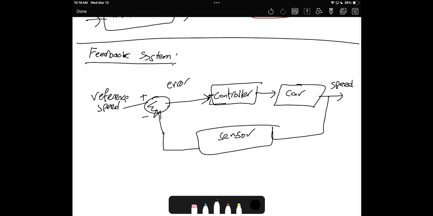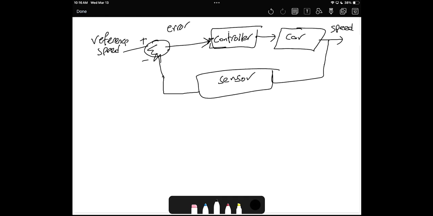For example, you set the temperature to 70 degrees, the current temperature is 65, then the heat will be on until reaching 70. The heat will be on and keep monitoring until reaching the steady state error, or until the error is 0. And you will learn more and more about this in the control systems class. But here is just an overview of feedback systems and their importance.